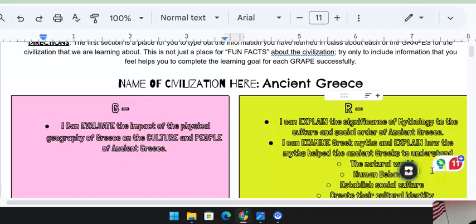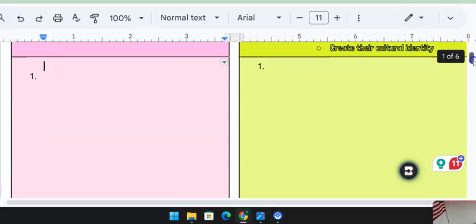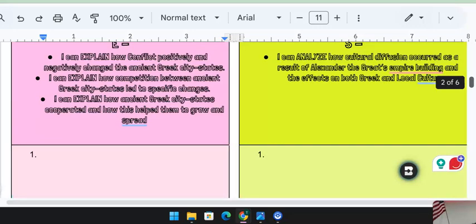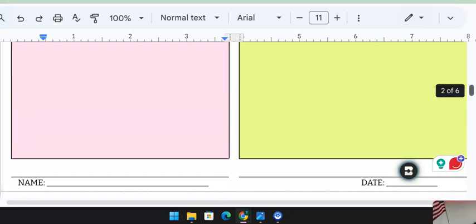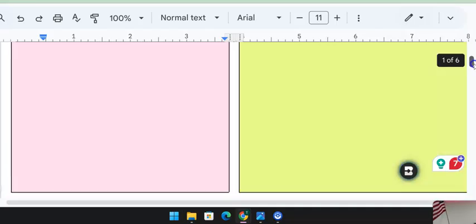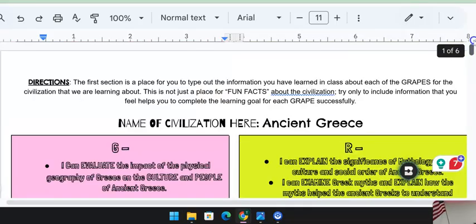When we get to religion, this is what you will be expected to know for the religion of Greece. When we get to advancements and achievements, politics, economics, and social structure, those are what you will be expected to know. Okay. So this first section, this is where we're going to put all of the notes that help us to understand what we are doing.